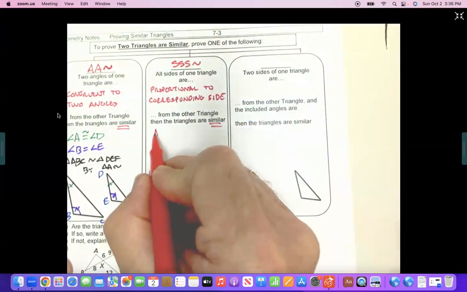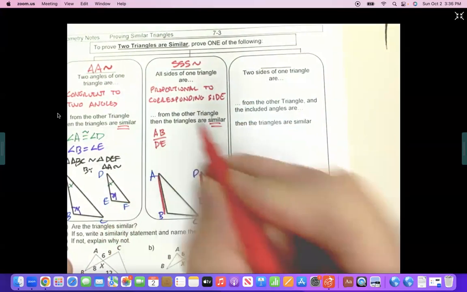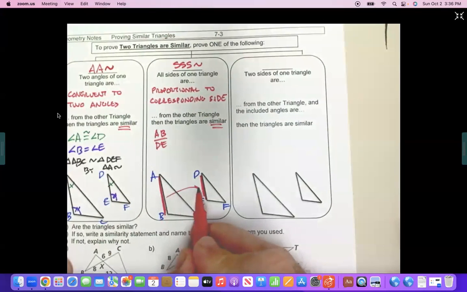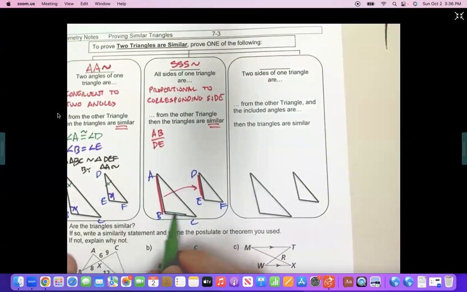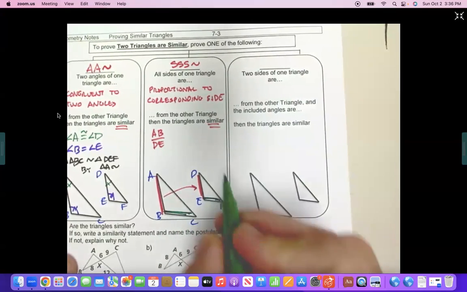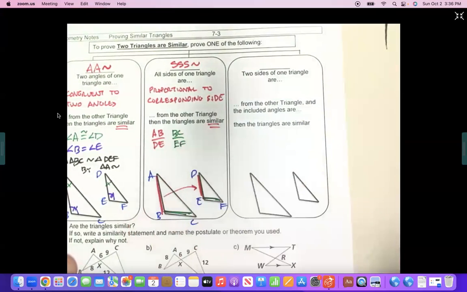We'll say AB is to DE, big triangle to small triangle, as our next set of sides, BC is to EF.